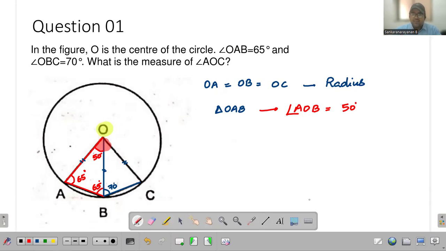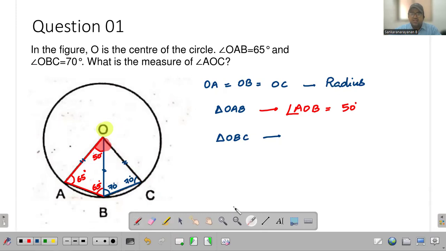Okay. In the same way, when I am observing this triangle OBC, look at triangle OBC. Can I not see that the base angles at OB and OC, since the sides are equal, the base angles should also be equal. Can I not say that OCB will be equal to 70 degrees?